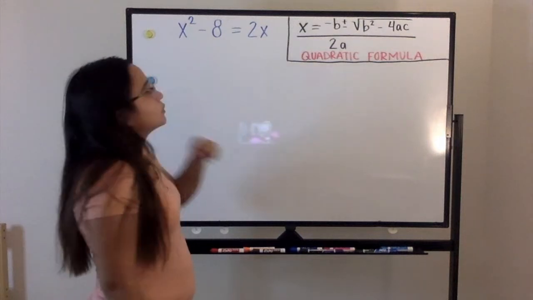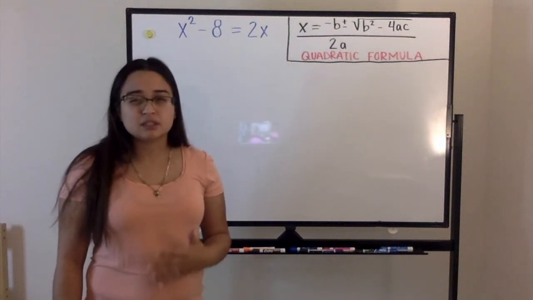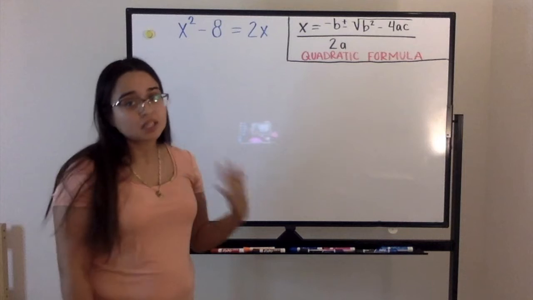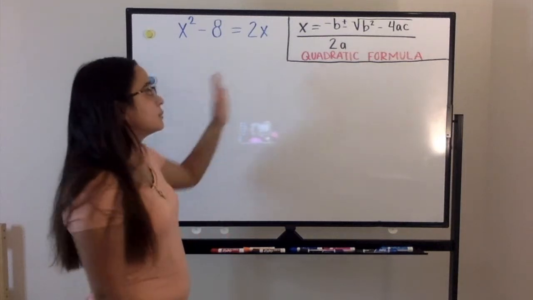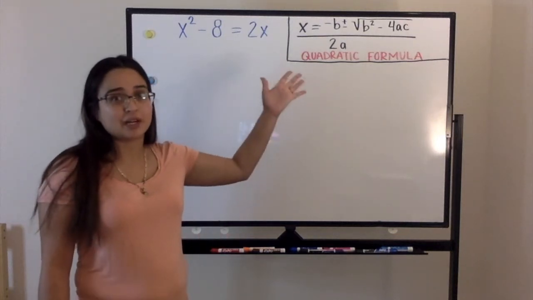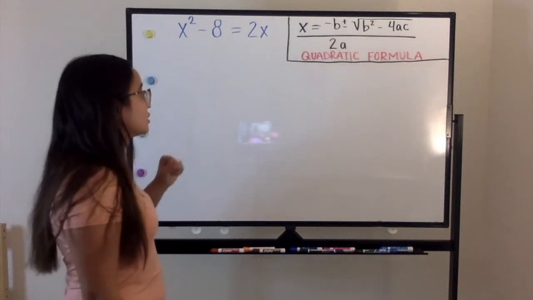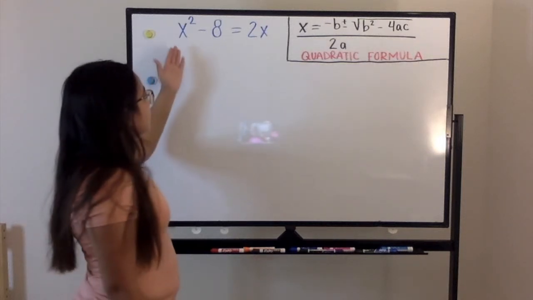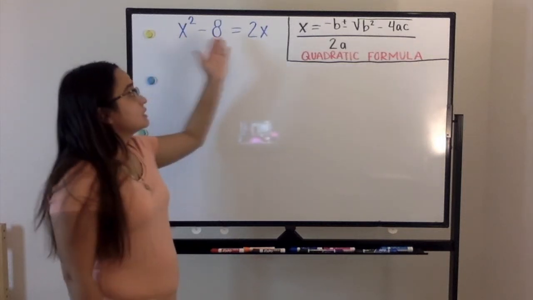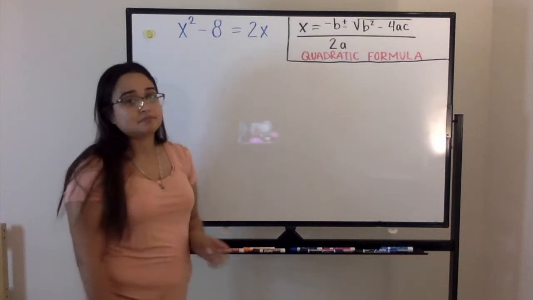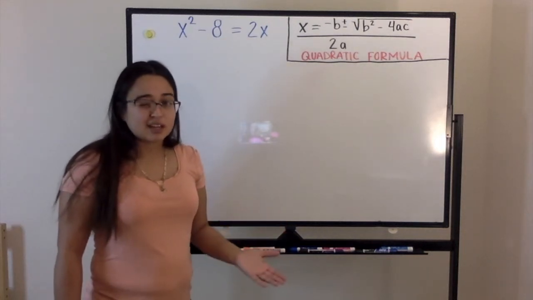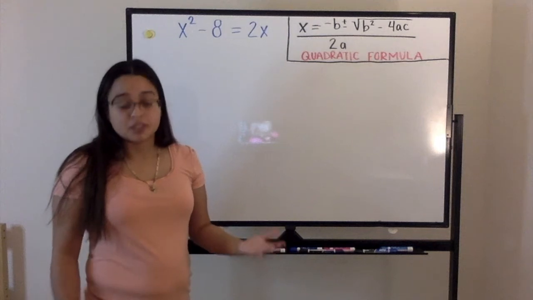For our example, we have something that looks a little strange. Not like something that we could easily plug into our quadratic formula. So, we have x squared minus 8 equals 2x. That's not in standard form.